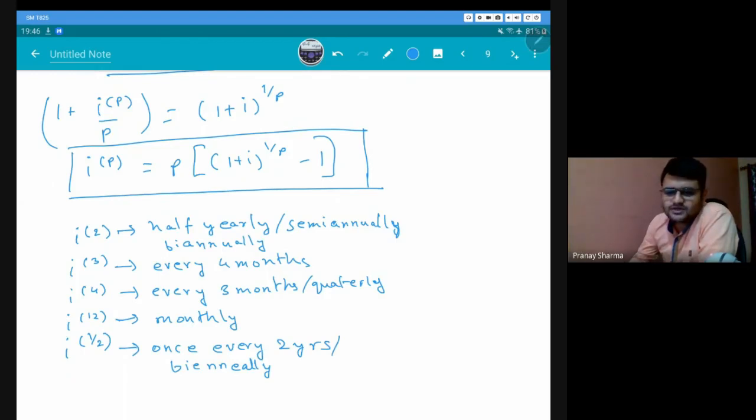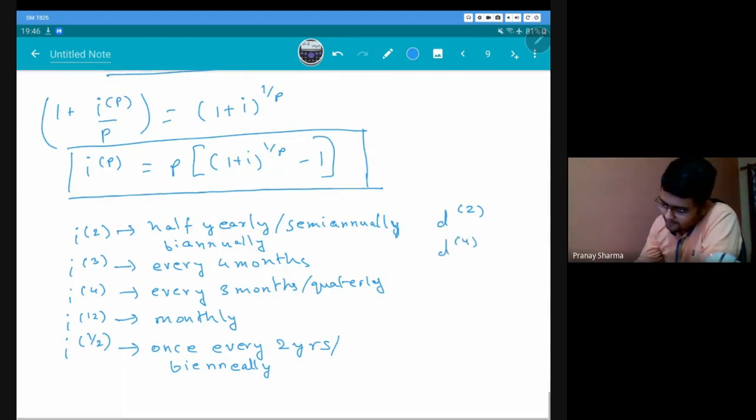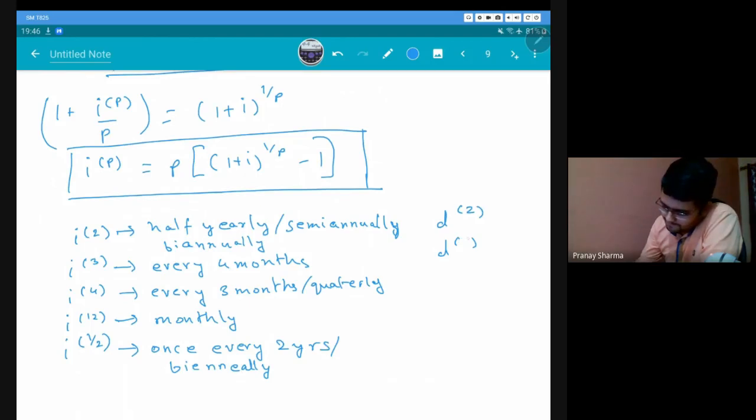Now we have the same thing with D as well. We will have nominal rate of discount. So D2, we will have D3, we'll have D4, we'll have D12, we'll have D 1 by 2.